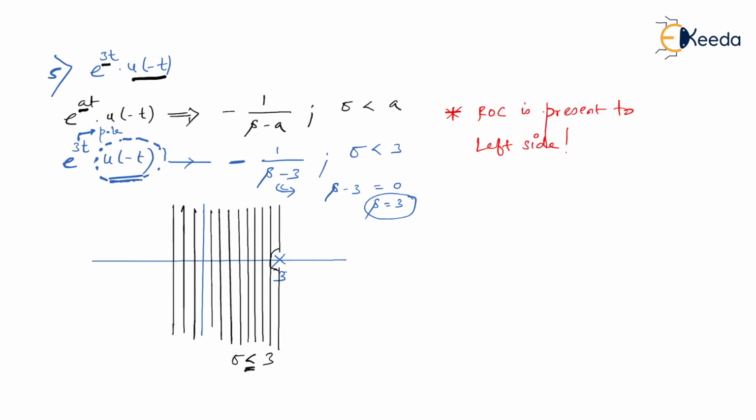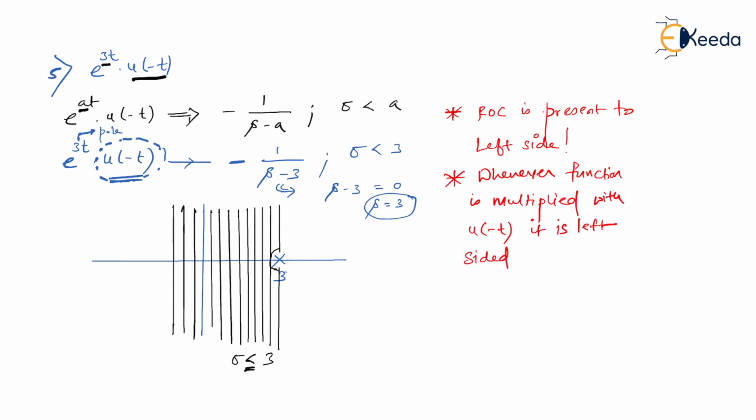It makes sure that for all positive values of t, it is always 0. A right-handed function is always a causal function, but a purely left-handed function is known to be an anti-causal function. Then this is called an anti-causal function.